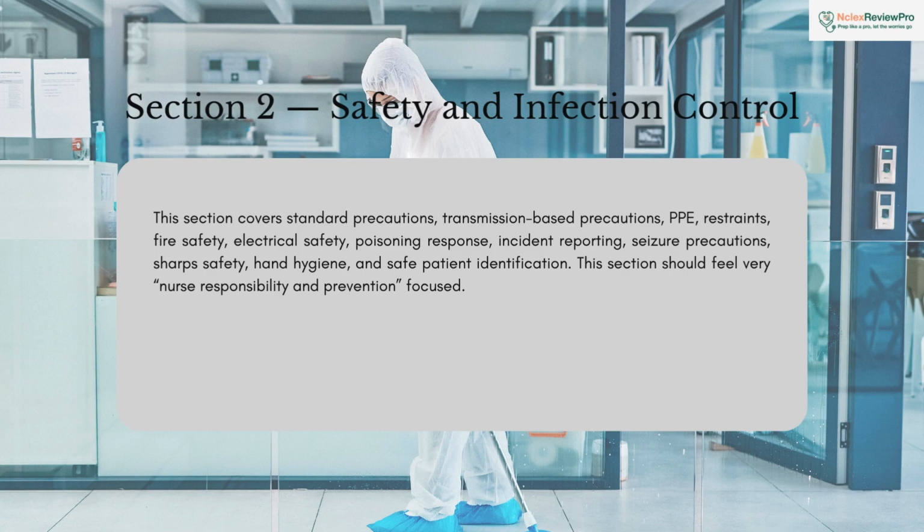These questions are high yield for the NCLEX because they test whether the nurse can recognize risk, choose the safest action, protect the client, and prevent infection or injury in real clinical situations.